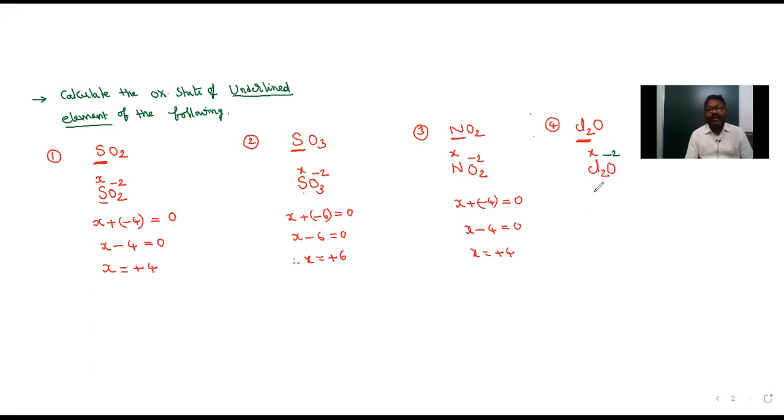So 2 into X, 2X, plus how many oxygens? 1. 1 into -2, -2, is equal to 0. It is a compound, the sum of the oxidation states is equal to 0. Therefore, 2X minus 2 is equal to 0. 2X is equal to +2. X is equal to +1.